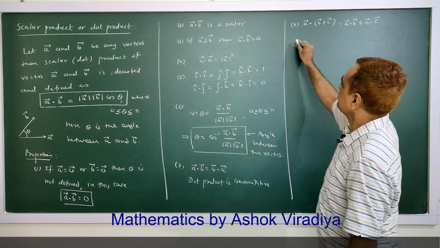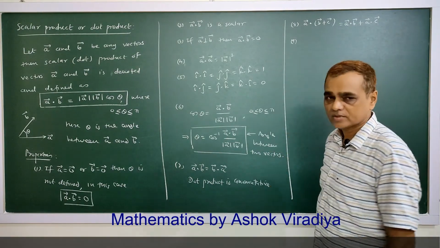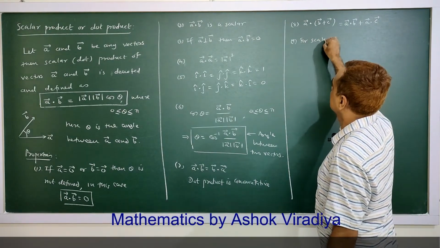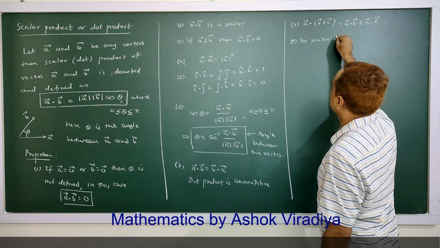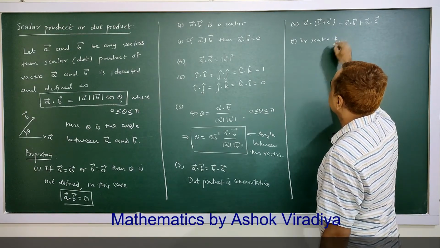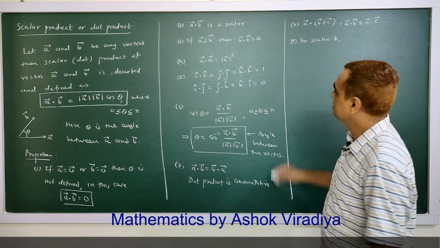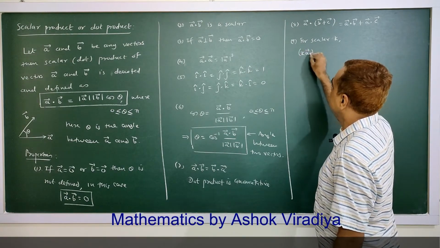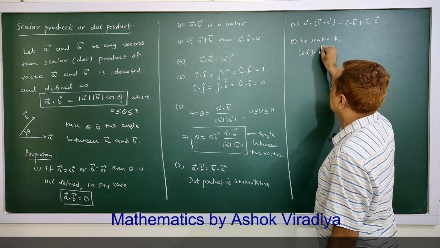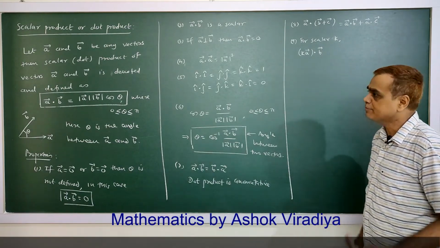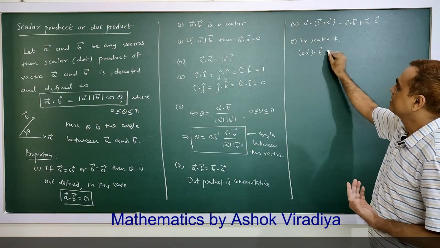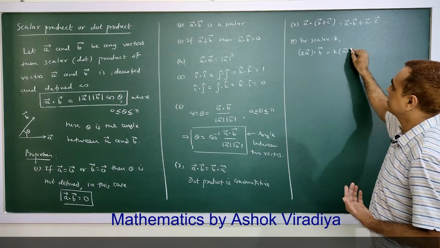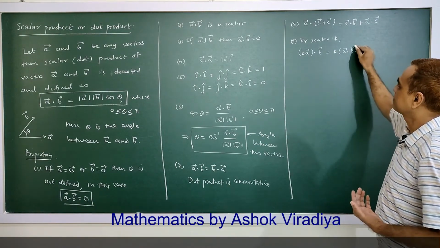Then for a scalar k, which is any scalar, k times vector a dot vector b is equal to k times (vector a dot vector b).